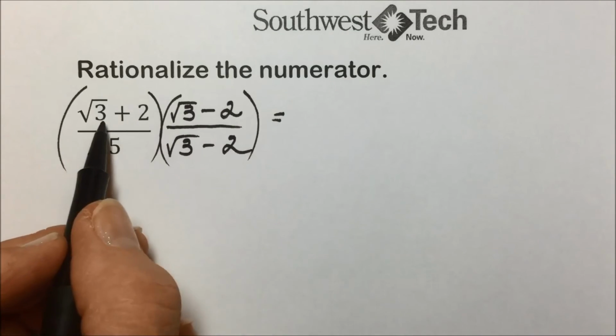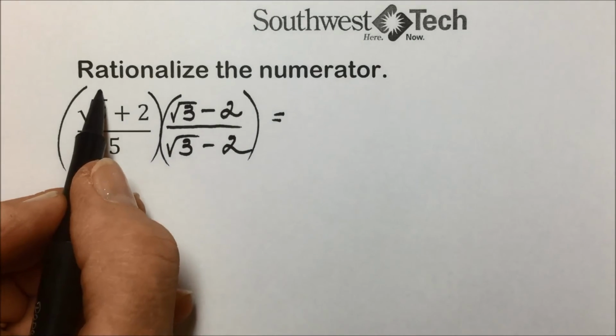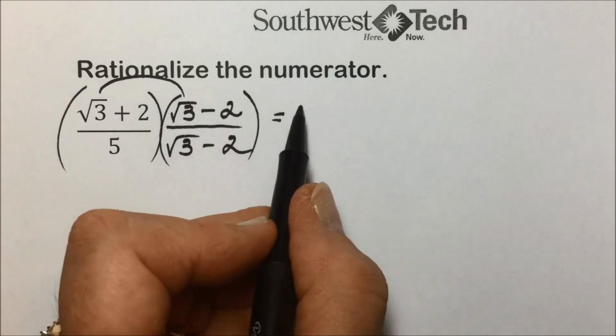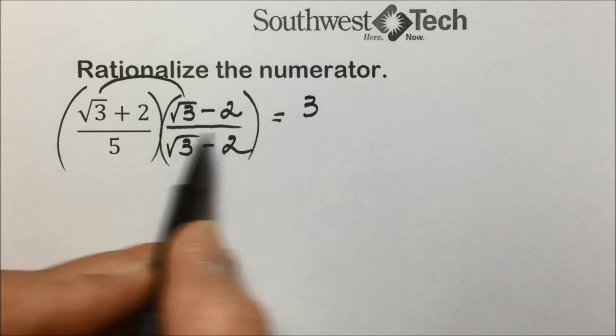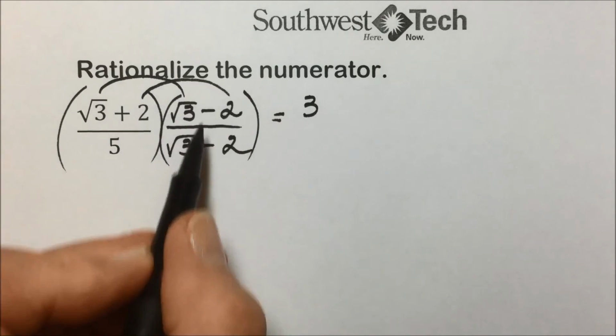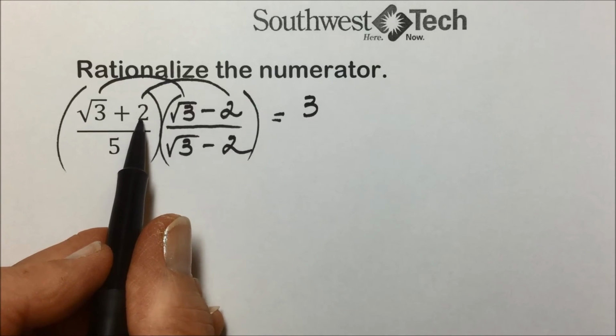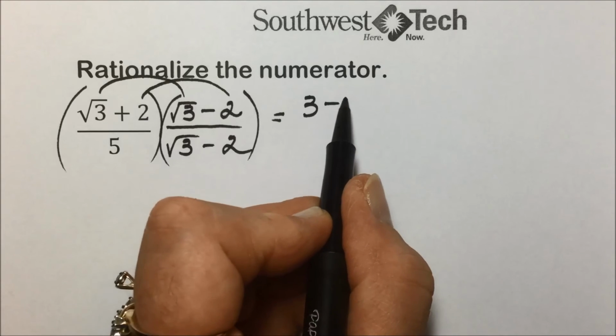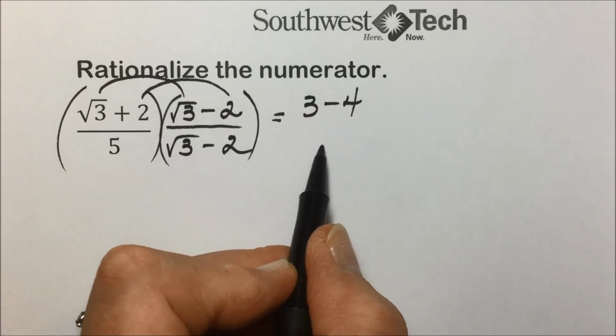In the numerator, we have a binomial times a binomial. We'll FOIL it. First terms multiplied together. Square root of 3 times square root of 3 is 3. Outside and inside will cancel out, leaving us with our last terms multiplied together. Positive 2 times negative 2. Positive times a negative is a negative, and 2 times 2 is 4.